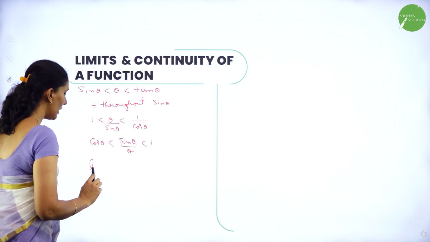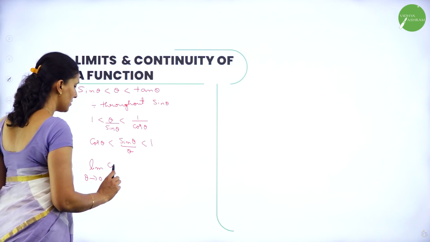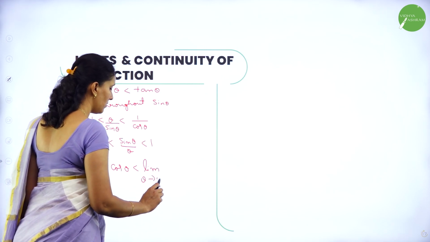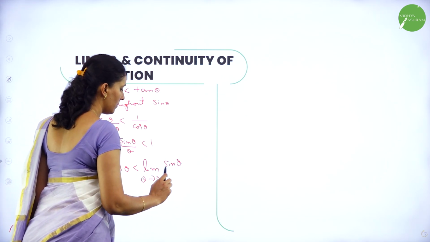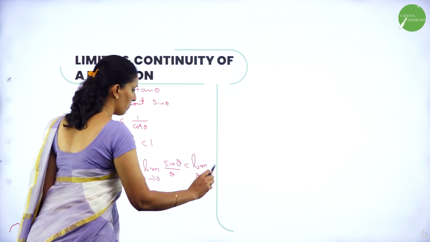Now let us apply the limit throughout as theta tends to 0. Cos theta less than limit theta tends to 0 sin theta by theta less than limit theta tends to 0 of 1.